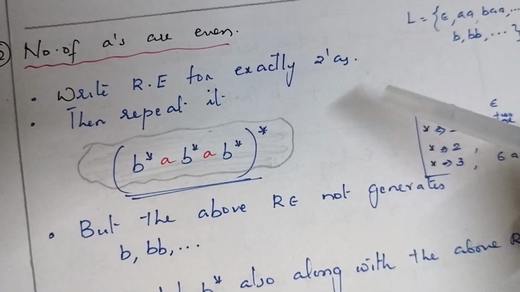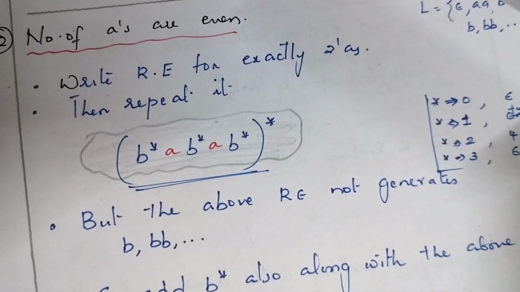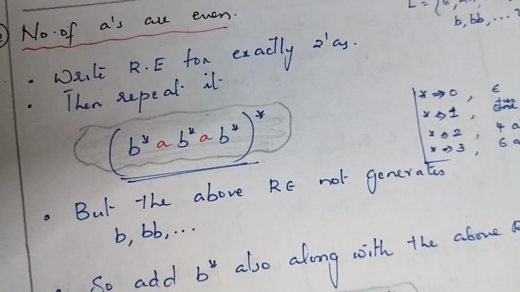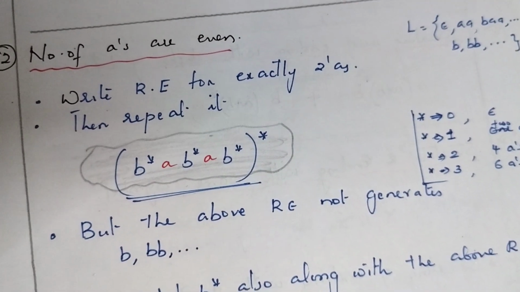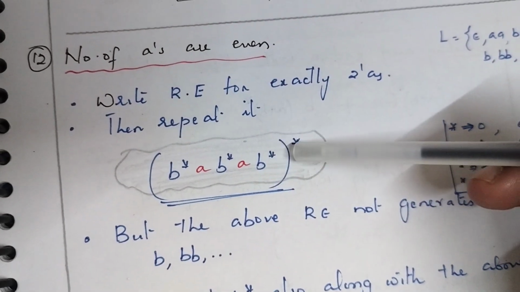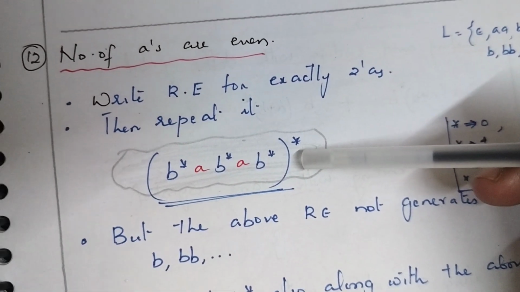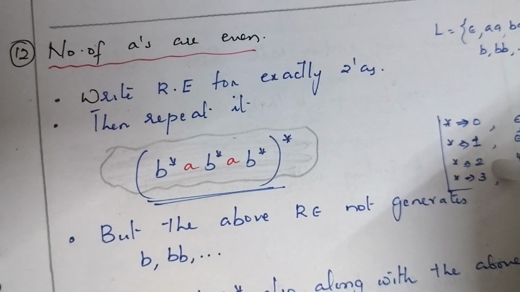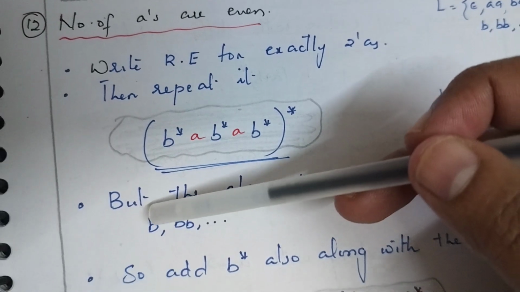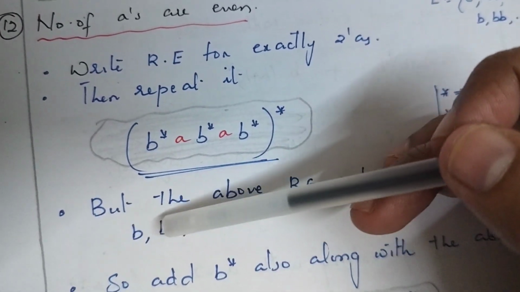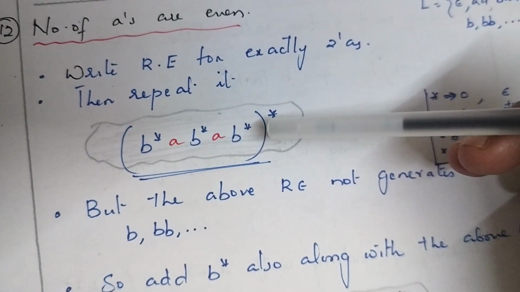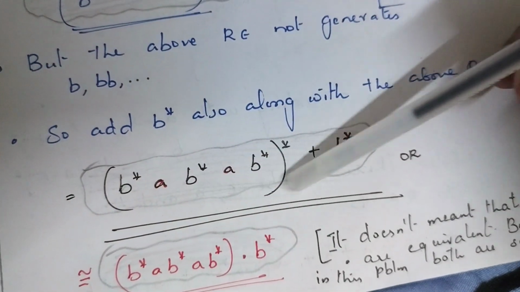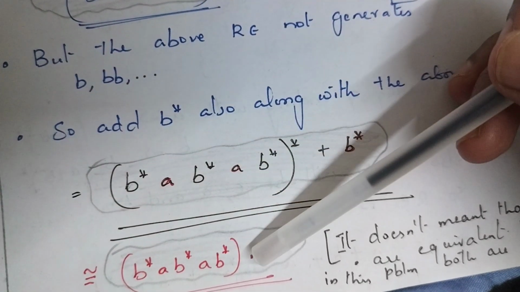But the problem is that this regular expression does not generate strings of only b's. We are putting the restriction on a only, not any restriction on b. So in the language there will be strings having only b's, any number of b's, b, triple b and so on. So along with this we need to write b star, like this, and this is also equal to this one.